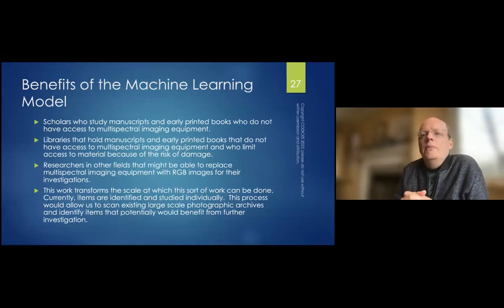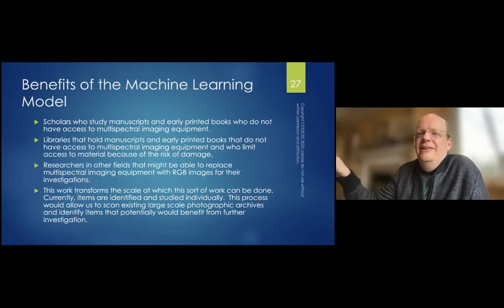And so before you bring the priceless, one of a kind damageable paper artifact and subject it to the potential risk of all this imaging, if it's already been photographed, you can say, well, let's run them through our model, process them, and then have the computer, again, we don't have this yet, spit out a score that says, I think there's hidden information on this page. Correct. That's exactly right.